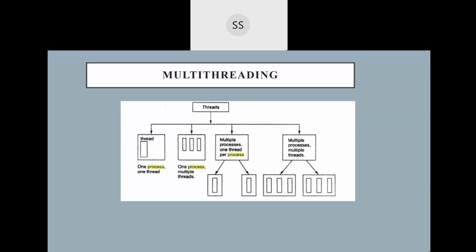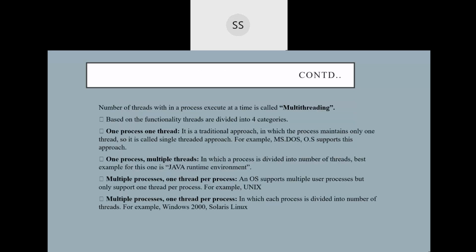The threads can be divided as one process with one thread, one process with multiple threads, multiple processes with one thread, and multiple processes with multiple threads. These are all the functionalities of threads. One process, one thread is the traditional approach, where one process is meant for only a single thread.